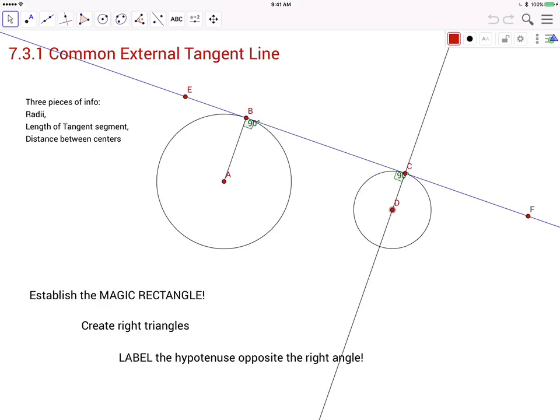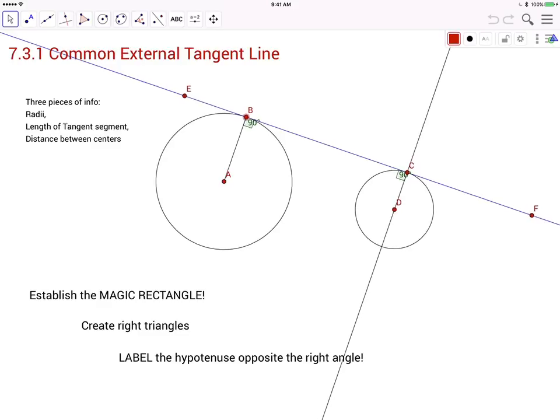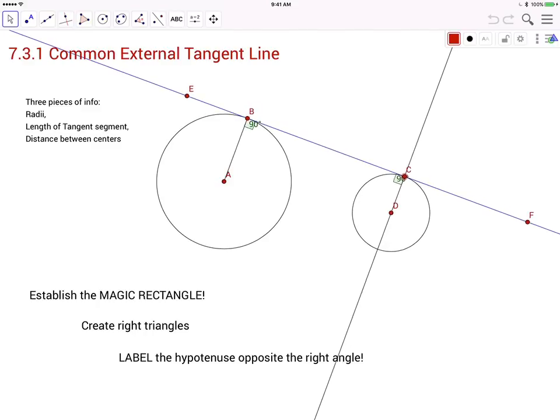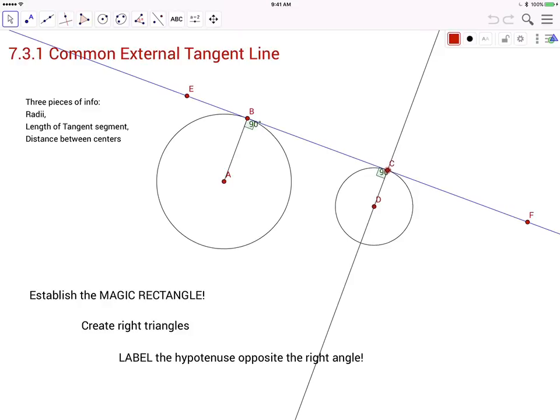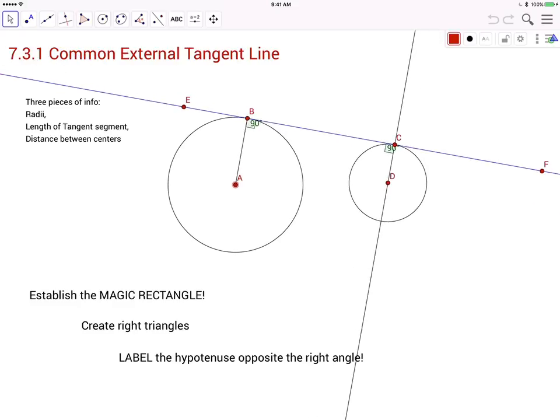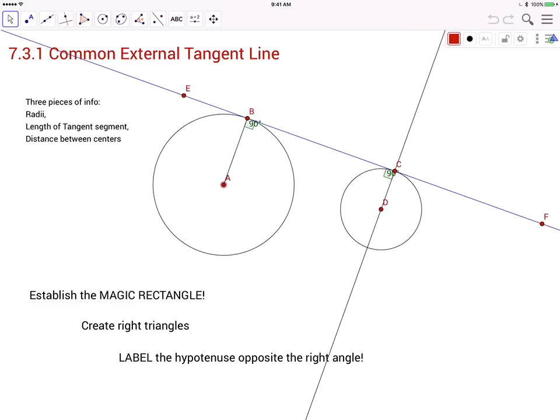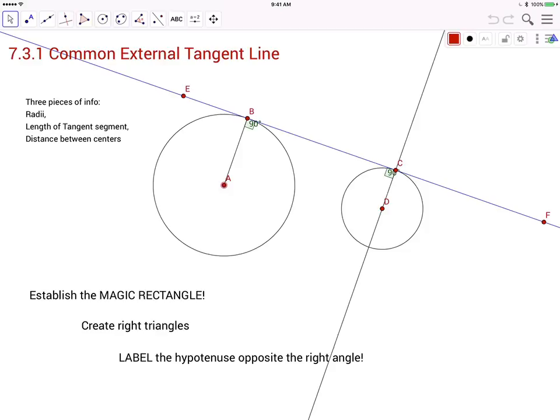You might be told the length of the tangent segment, which in this case would be from B to C. And so finding that length might be an important piece. And finally, you might be asked to find the distance between A and D. So if you've been given two out of those three, you can always find the other.